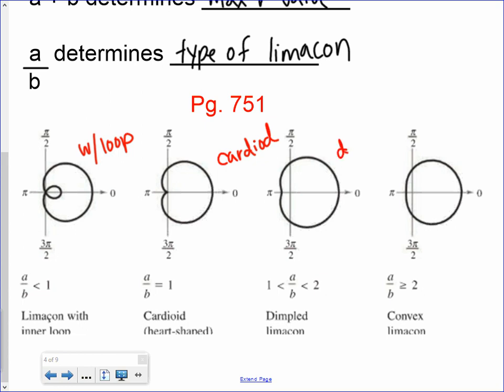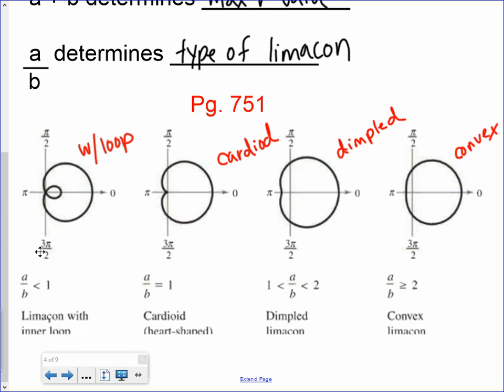And this one is dimpled, and this is convex. It does say their names down there, but I think that's kind of hard to read. Okay, so the dimpled one actually goes in a little bit, whereas convex is just kind of flat, like your basketball needs some air in it.